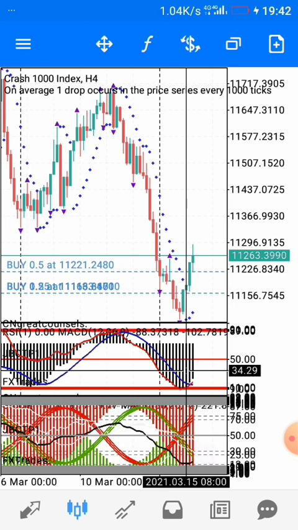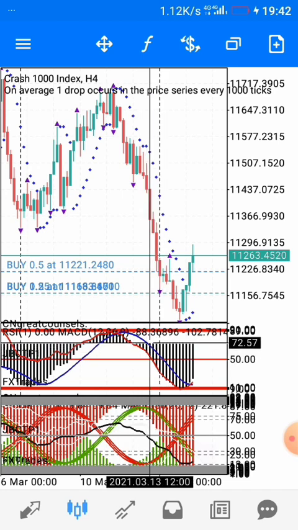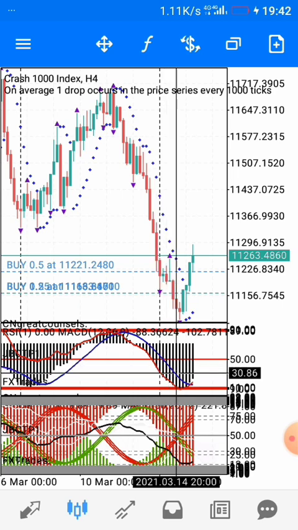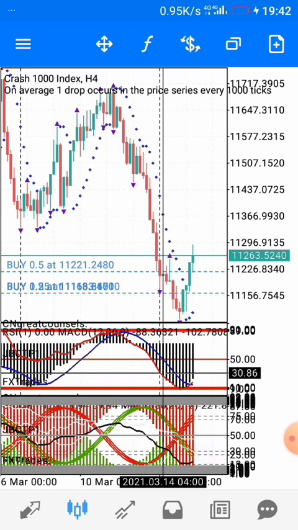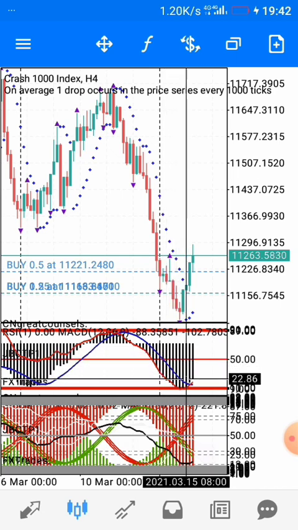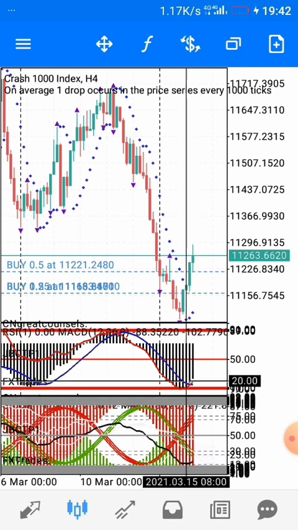And then secondly, both the red moving average and the blue MACD signal line must both be at the oversold level. Just as you can see, both are at the oversold level.